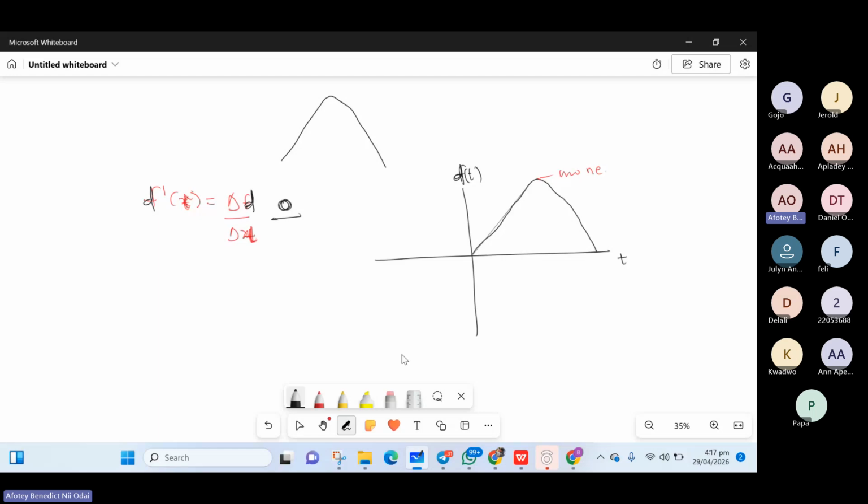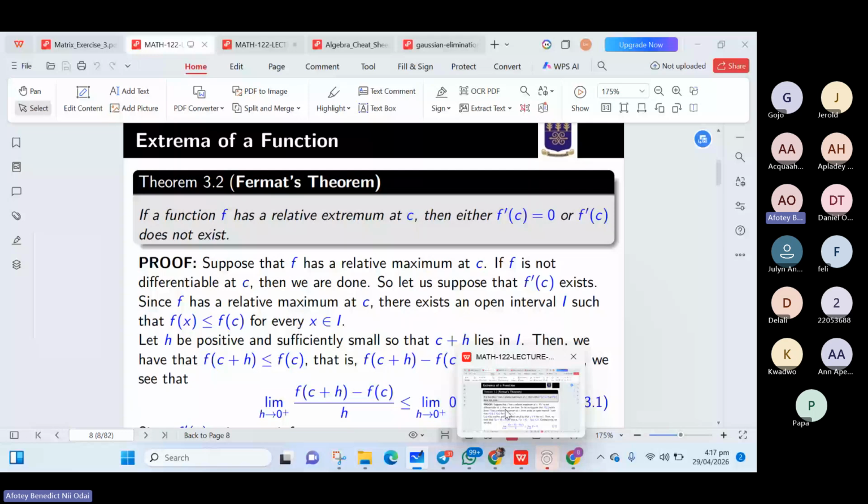Therefore, you get the differential to be zero. And that's a concept that both Fermat's theorem and Rolle's theorem are based on, right?